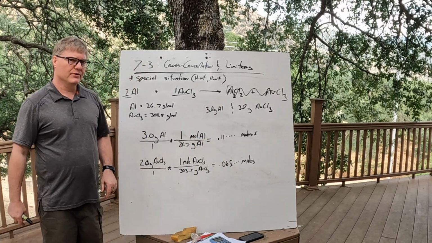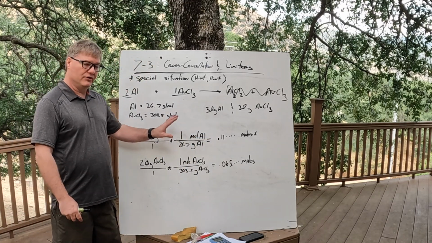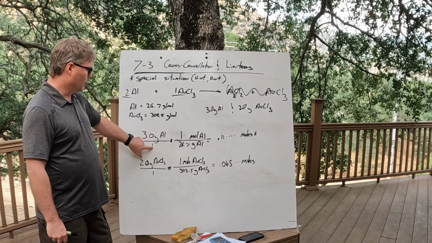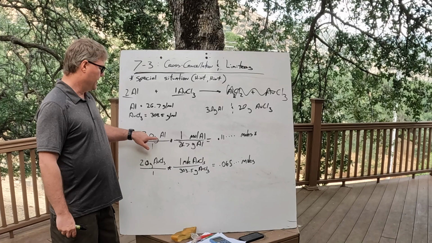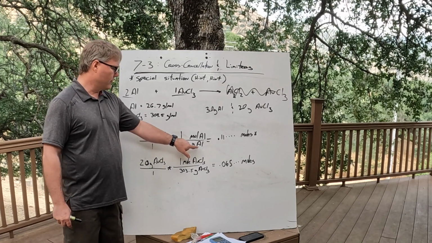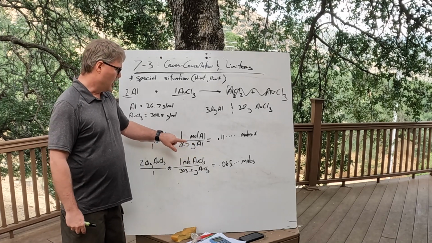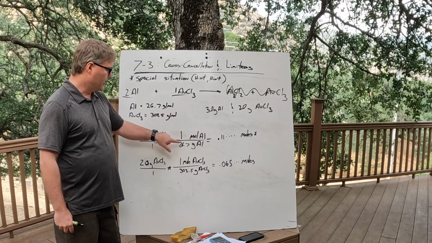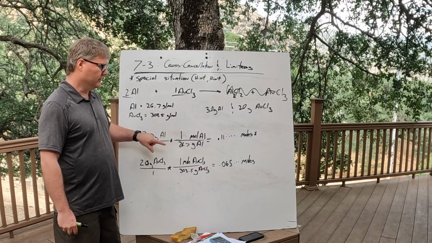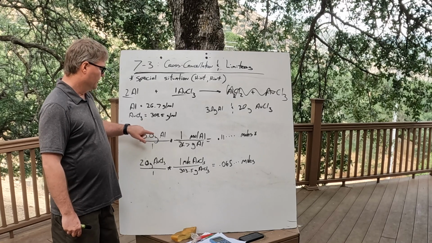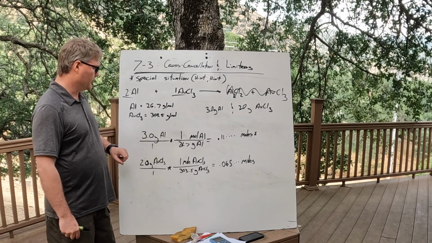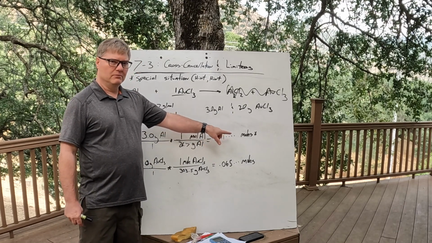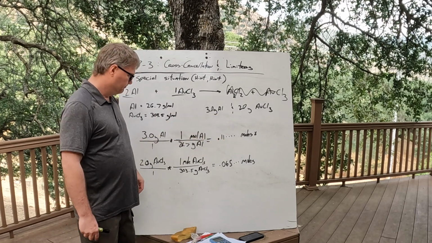And to do that, we're doing our mole calculation using the cross cancellation technique. So 3 grams of aluminum over 1 times, I need those grams aluminum to cancel, so I put grams aluminum down here. I want to get into moles, so I put that on top. And remember, they're arranged diagonally because things cancel diagonally. If you do this calculation, you will get 0.11 moles of aluminum and some change.